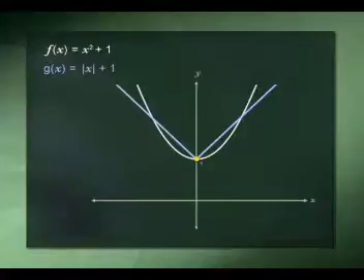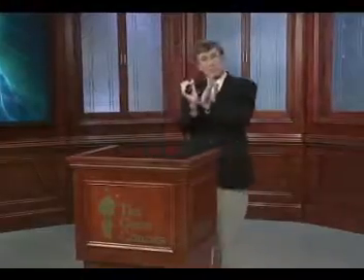Now zoom in a few times. What's going to happen as you zoom in? Well, I hope you sort of say the following. The absolute value function will continue to have a sharp corner no matter how close you get to it. And it's not going to be differentiable there, is it? It's not going to have a derivative at the point 0, 1, because it has a sharp corner.